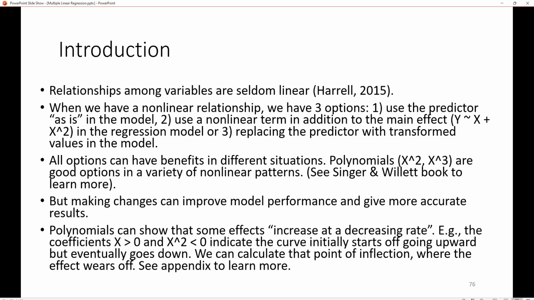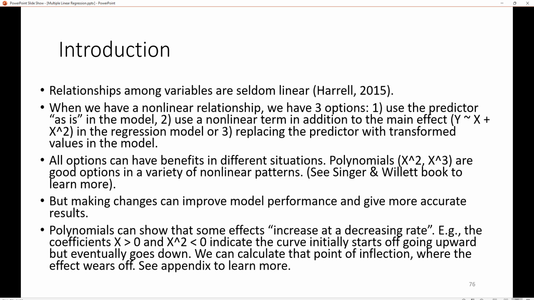Polynomials can show that some effects increase at a decreasing rate. So it could increase, but that steepness in the curve can begin to come down. That's what I mean by increasing at a decreasing rate. Initially, the coefficient for x could be greater than 0, and for x squared, our polynomial term, it could be less than 0.